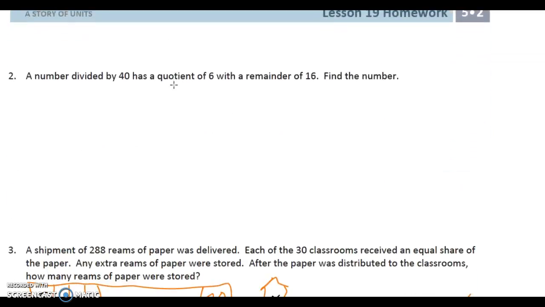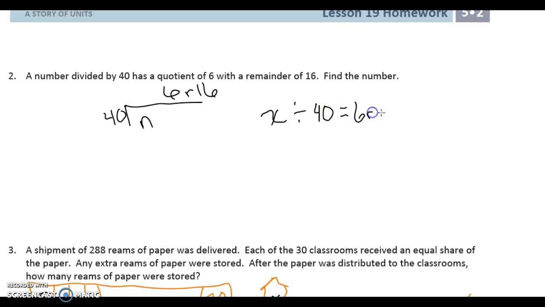So the reason why I did that one next was to be able to show you this one. Here we've got a number divided by 40 gets you a quotient of 6 with a remainder of 16. So what this would look like in algebra form would be x, you don't know it, divided by 40 is equal to 6 remainder 16.